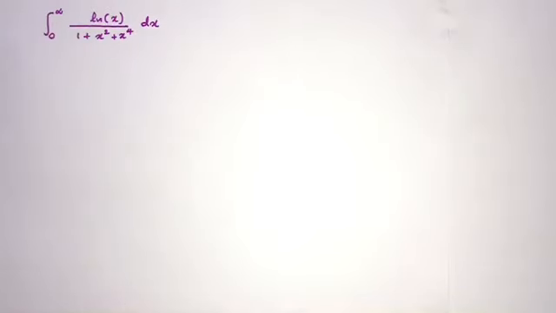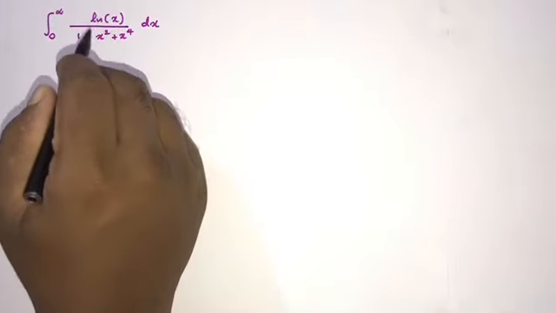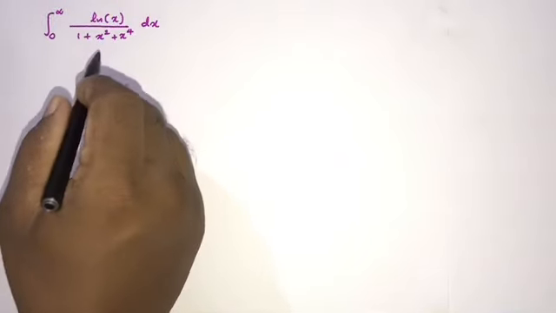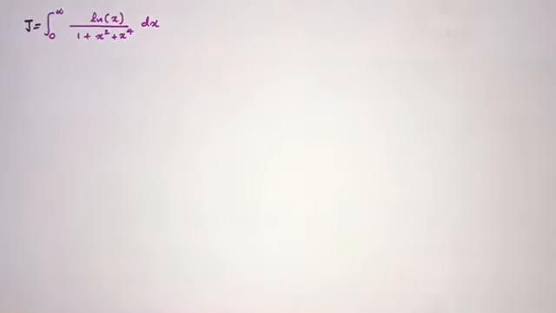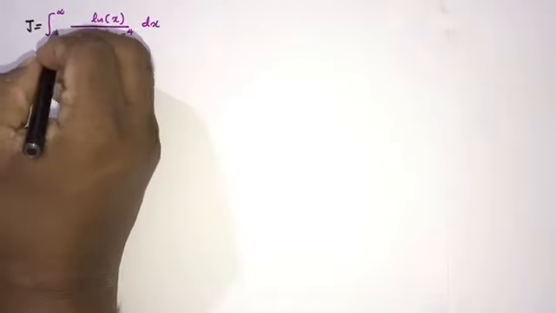In this video we are going to solve an interesting integral: the integral from 0 to infinity of natural log of x over 1 plus x square plus x to the fourth power. So we can take our integral equal to J, and as a first step I am going to break the limits.